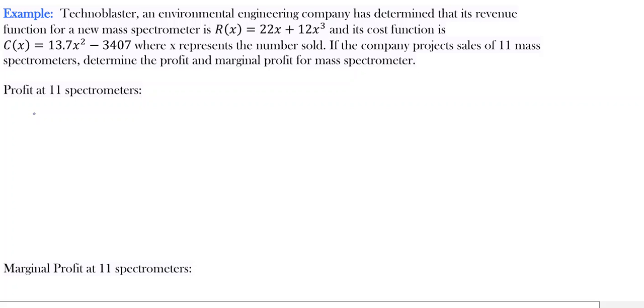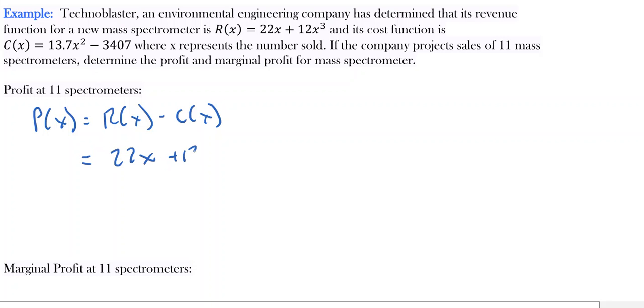Okay, since the profit function is going to be equal to the revenue function minus the cost function, to come up with a profit function, we simply take the revenue function, 22x plus 12x cubed, and subtract from that the cost function, which is 13.7x squared minus 3407. And that would be our profit function.